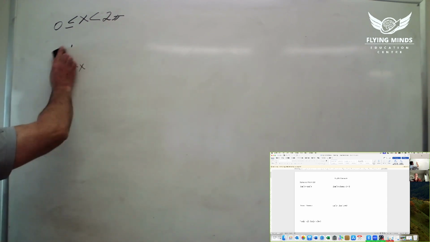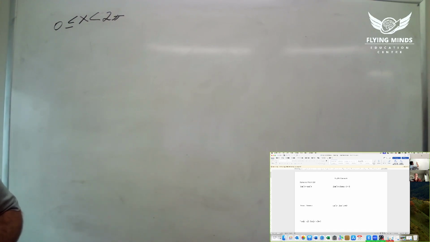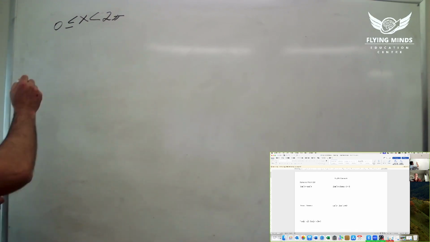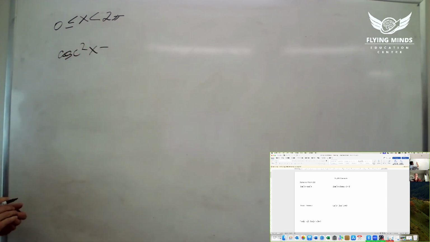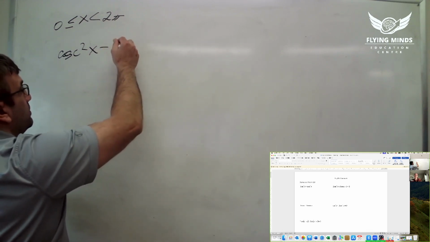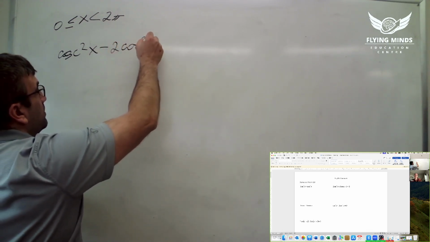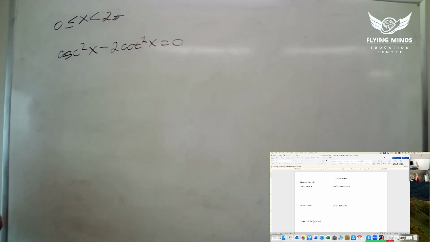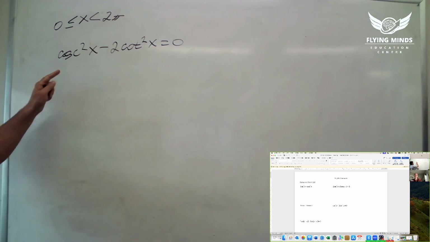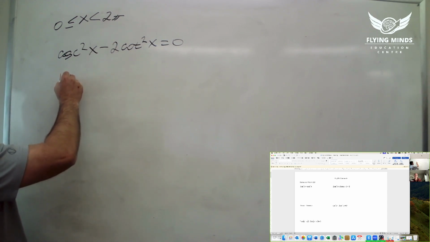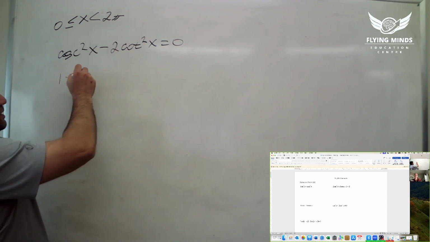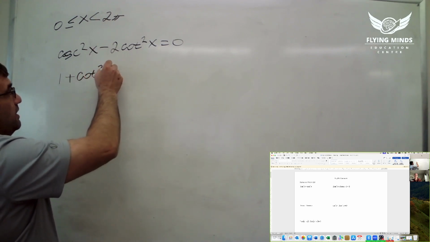Okay, let's first write the equation. So we have cosecant squared x minus 2 cotangent squared x equals 0. You mentioned we can use, instead of cosecant squared, 1 plus cotangent squared x.